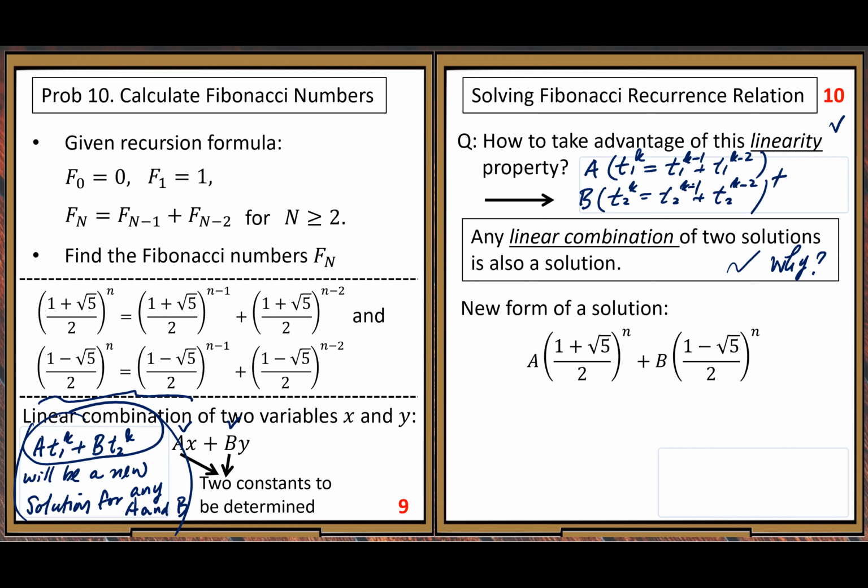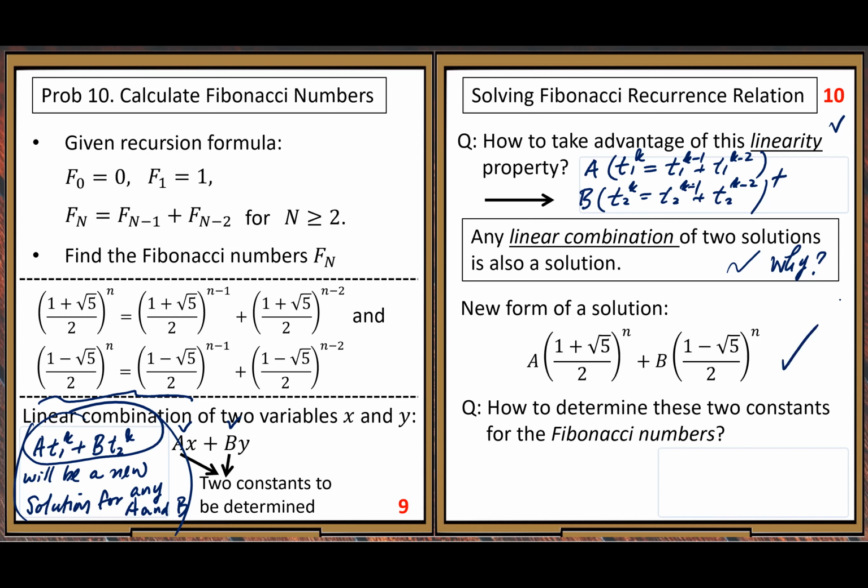Okay, all right. So next, we know our new solution takes this form, but capital A and capital B are undetermined. We need to determine capital A and capital B. So the last thing we need to do is plug in some numbers for two cases, the base cases, n equals 0 and n equals 1, because these two correspond to the two base cases.